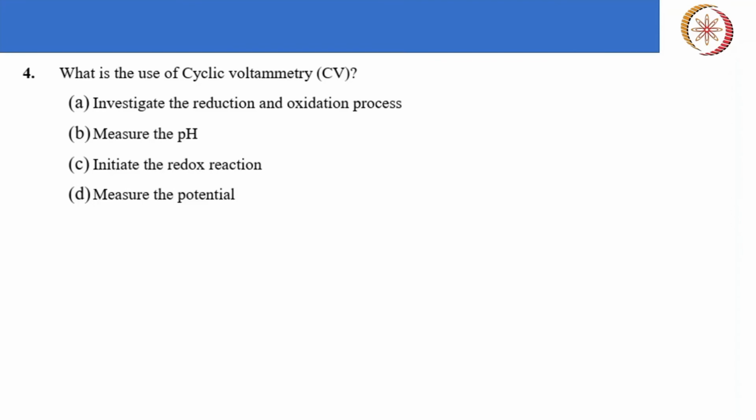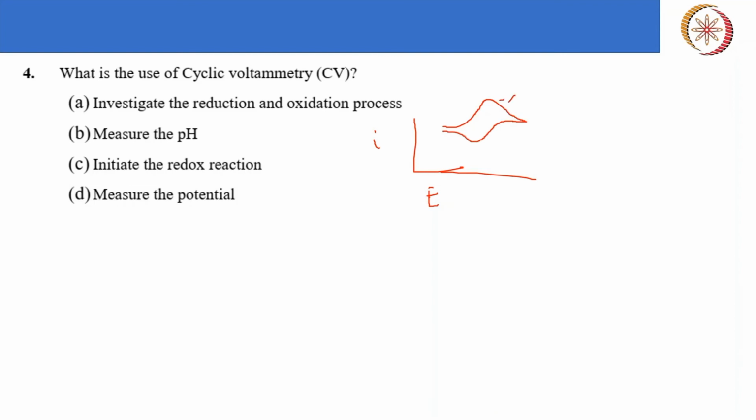Basically, in cyclic voltammetry, we are measuring I as a function of E, and we are getting this kind of graph.